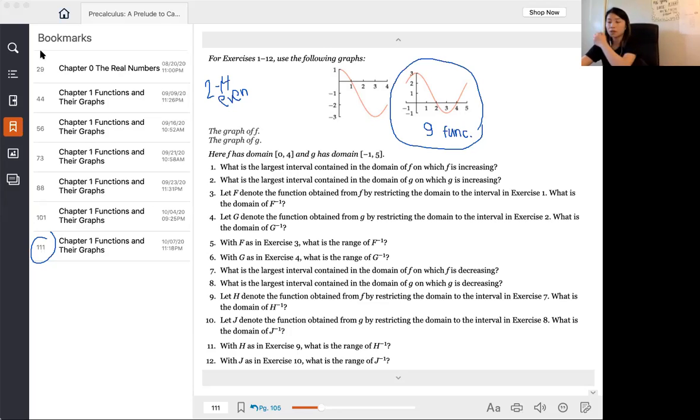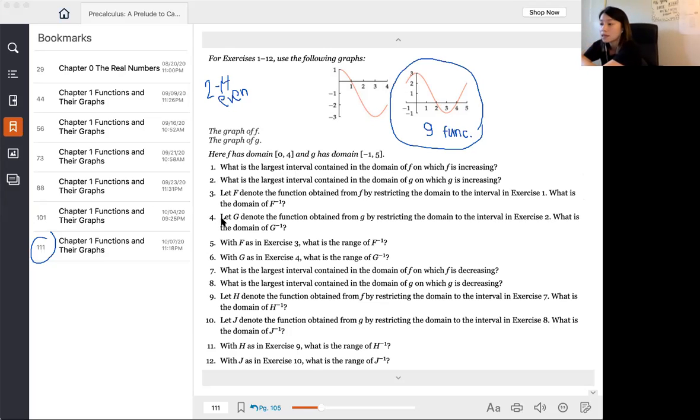Okay, start labeling your homework. And then what you're doing here is that if you look at number 2, it says, what is the largest interval contained in the domain of G on which G is increasing? Okay, so this is your graph. You tell me, where is this increasing?